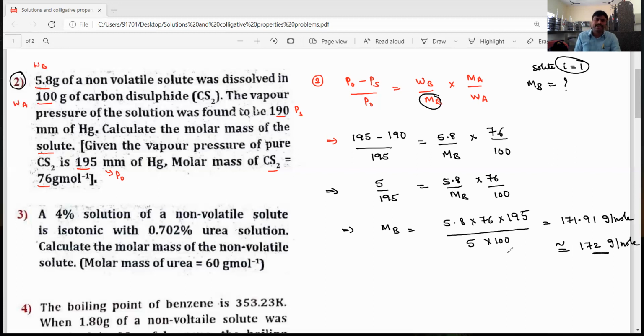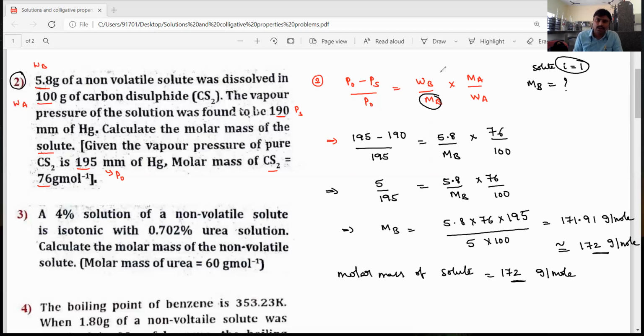Okay students, the second question: the molar mass of solute is equal to 172 gram per mole.